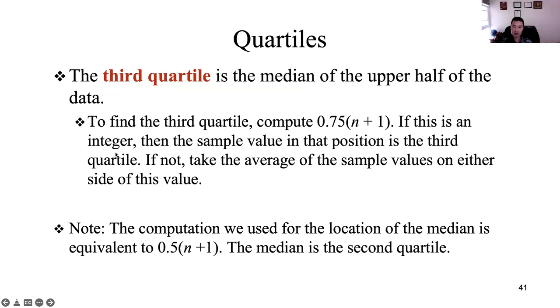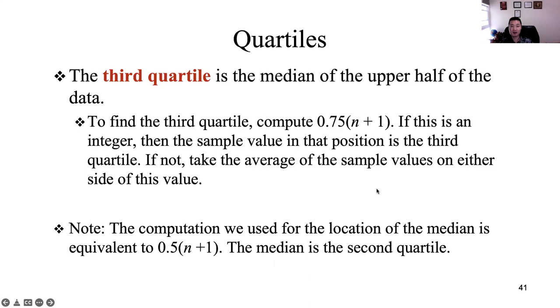Again, if it is an integer, the sample value in that position will be the third quartile. If not, take the average of the left and right. The median is equal to 0.5 times n plus 1, so that's the second quartile.